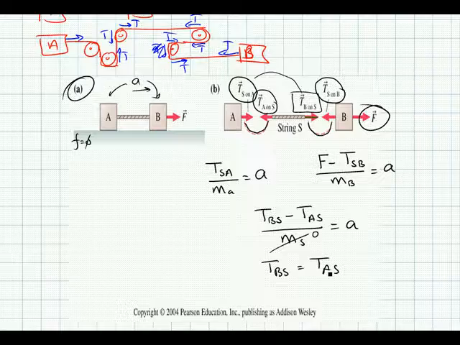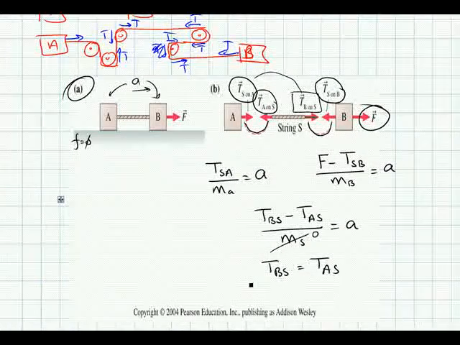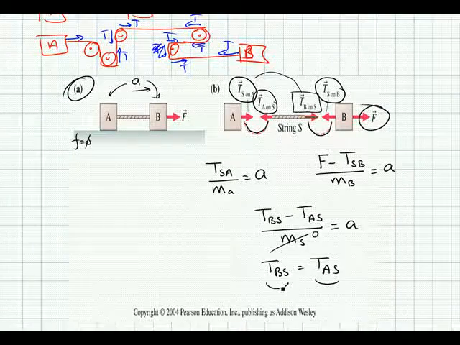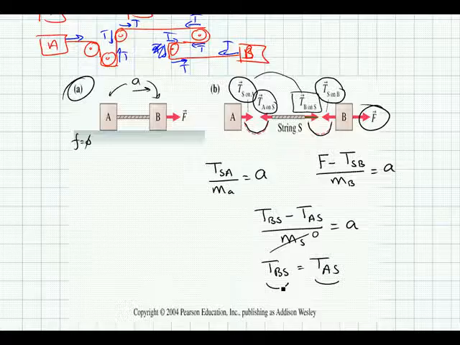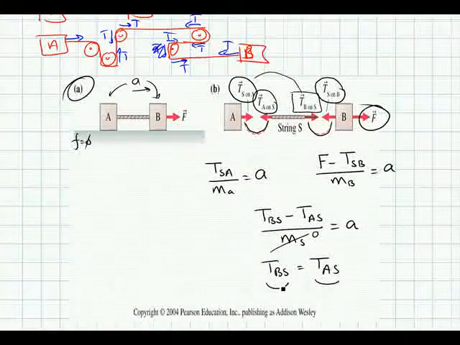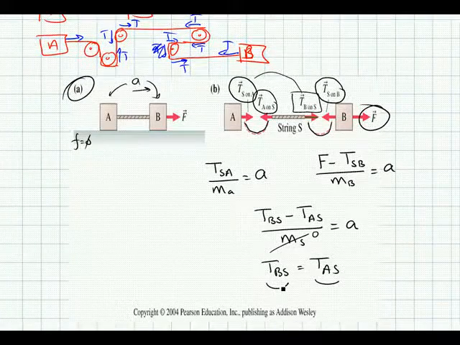That's why if you have a massless string, the force on either end, the left hand side and the right hand side of the string, are the same. So the string acts as if it transmits the force from one system to another.